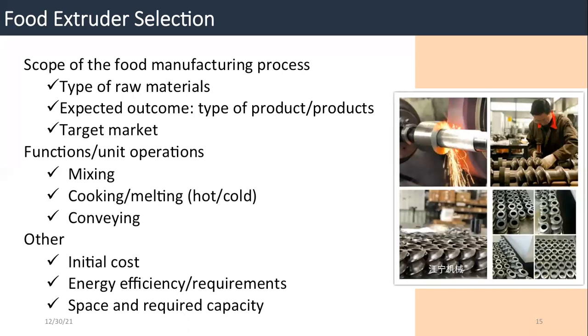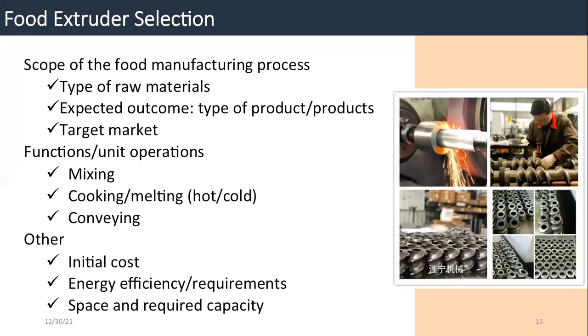So we have a room of 10 by 20, so the square feet are 200. We have to get an extruder with relevant dimensions. If not, it is difficult to install your extruder in your place.